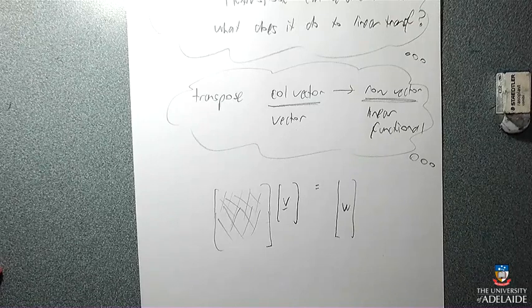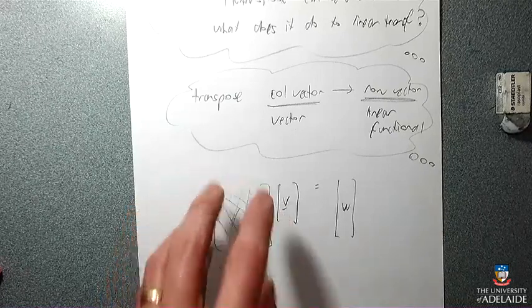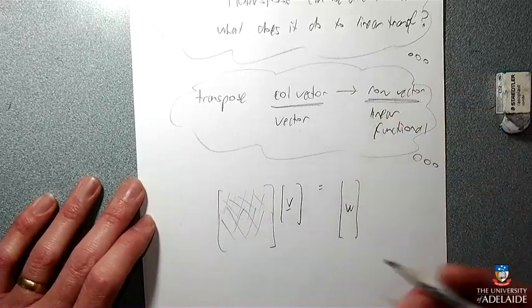So each row of this is a linear functional. So this whole matrix, I'm just thinking in Rn.